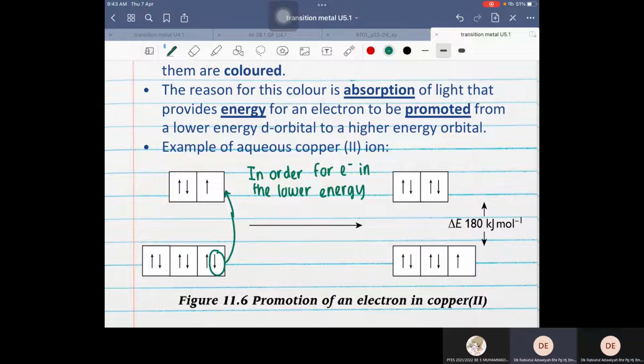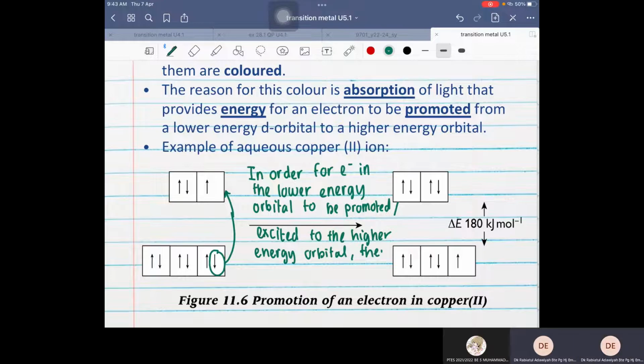All right. Thank you. In order for an electron in the lower energy orbital to be promoted or excited to the higher energy orbital, there must be, of course, a room or a space.